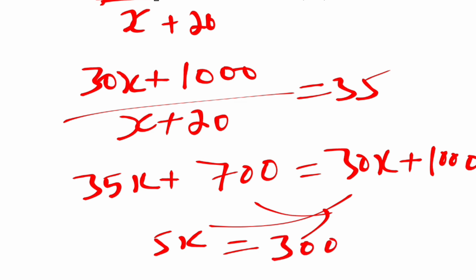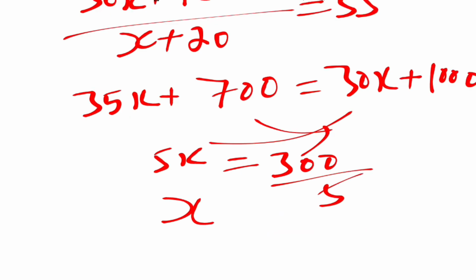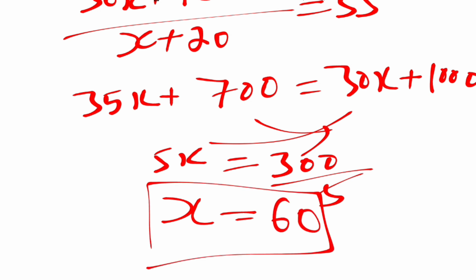X value is 300 divided by 5, so x is equal to 60.